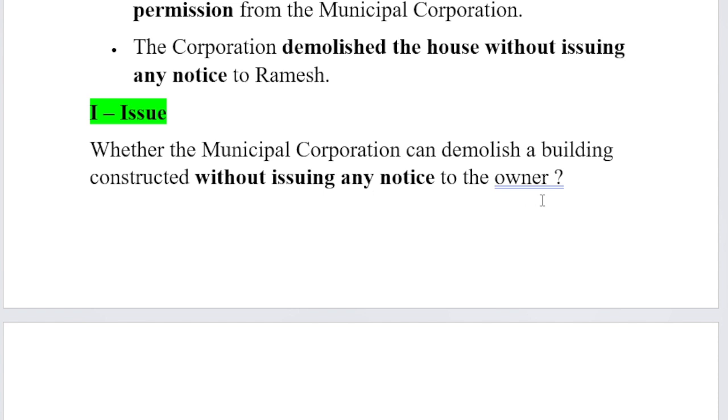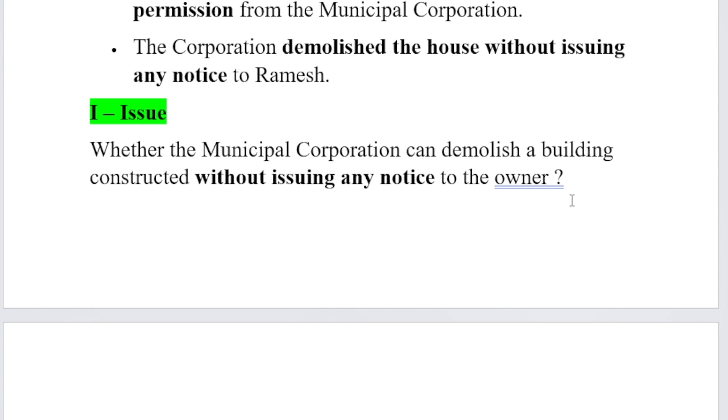This normally happens at certain times. The administrative authorities, at certain times, without issuing notice, demolish the buildings of citizens. At that time, which law will prevail?